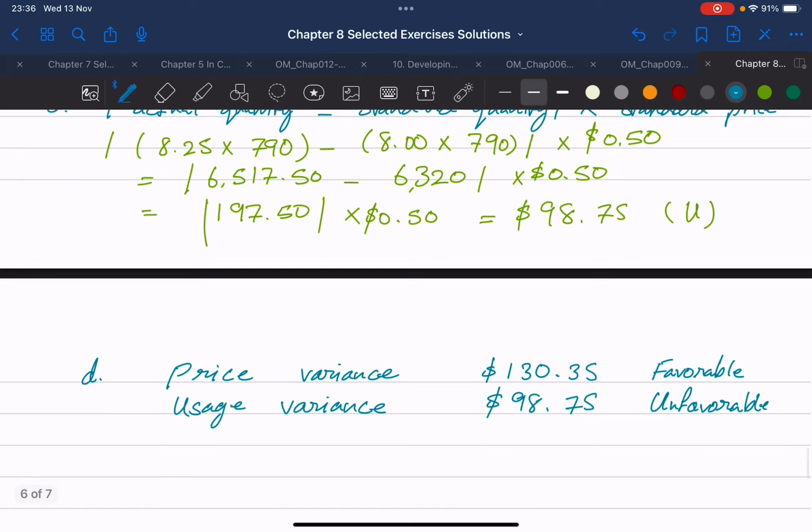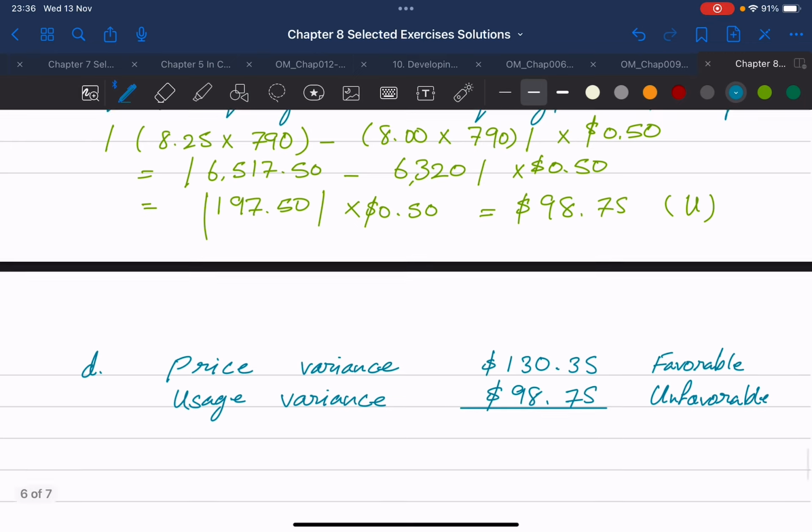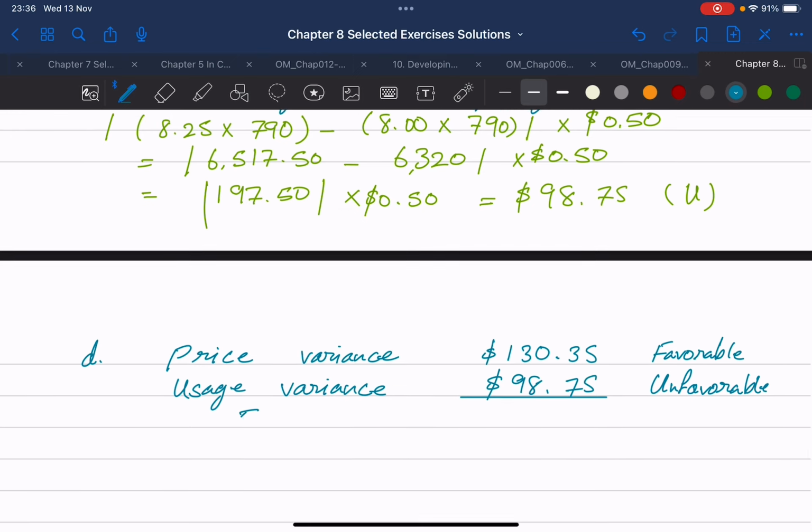Okay, so once we combine these two together, we should get our total variance. And it should match what we have found in part A, the first step. So let me run the numbers. 130.35 minus 98.75. Why am I subtracting?